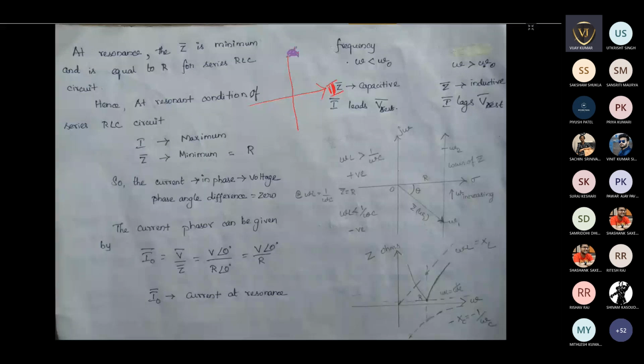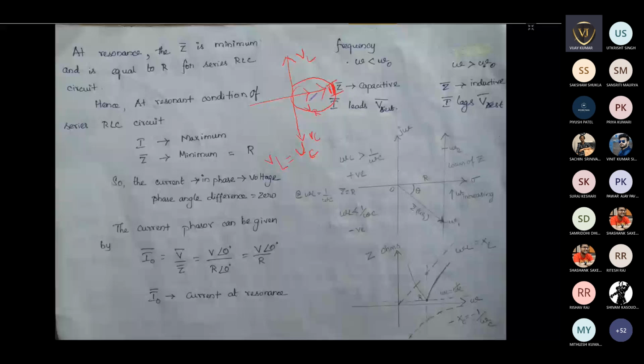At resonant condition, this will be VL and this will be VC, and your VR will be in phase with the current, so it will be like this. At resonant condition, your VL will be equal to VC, both will get cancelled out. Then you will be getting only the voltage across the resistor, that will be in phase with the current.